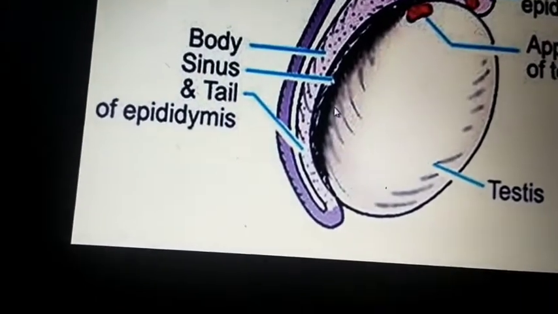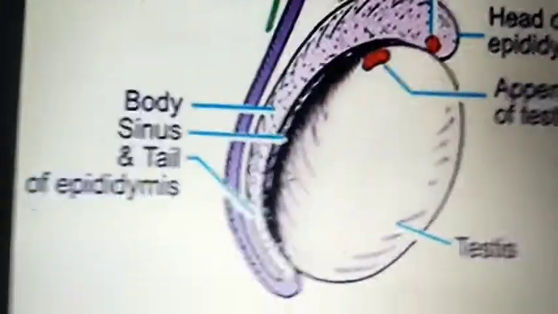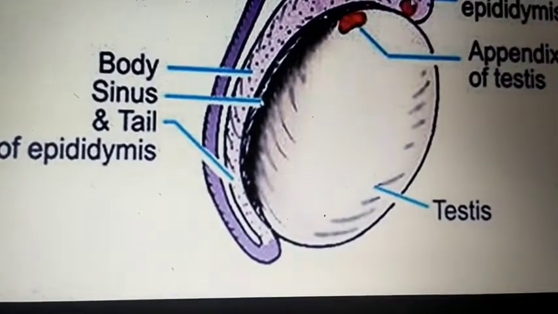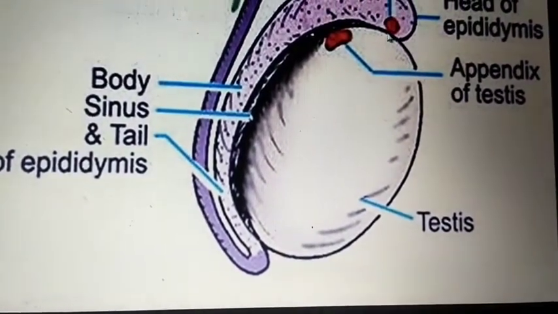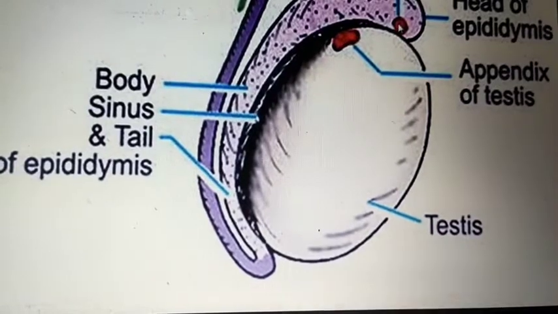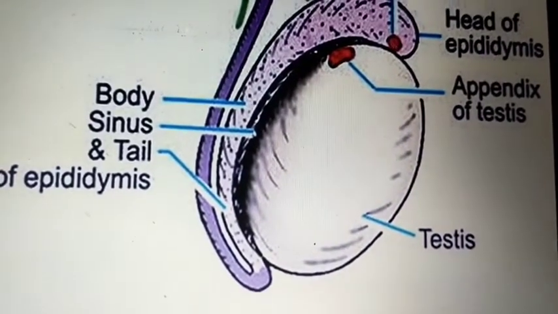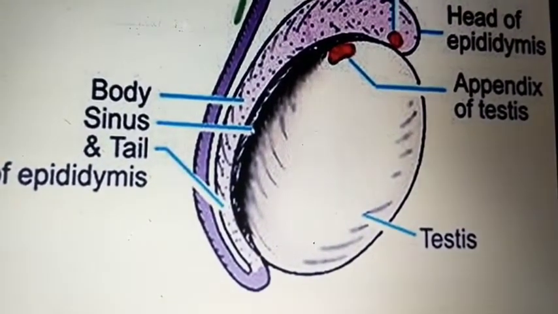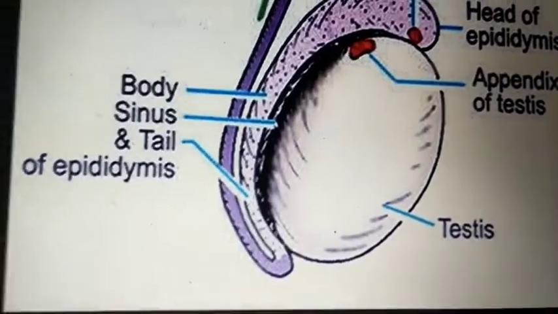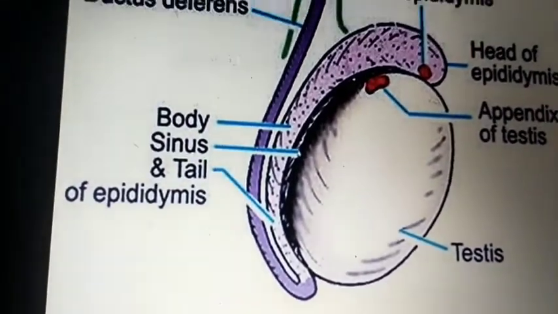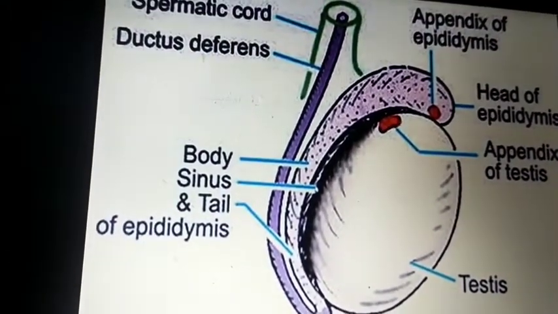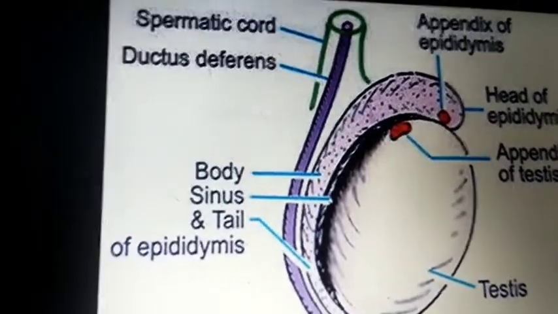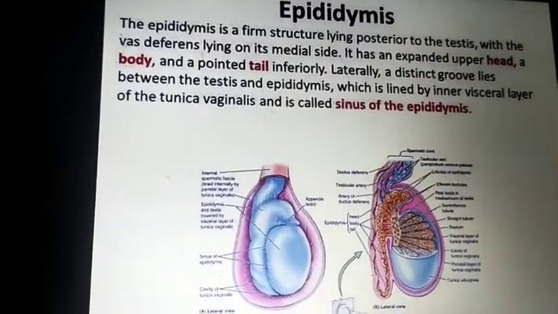The epididymis also has one small protrusion, the appendix of the epididymis, and likewise the testis also has one, the appendix of the testis. Okay, you can go for the next slide.